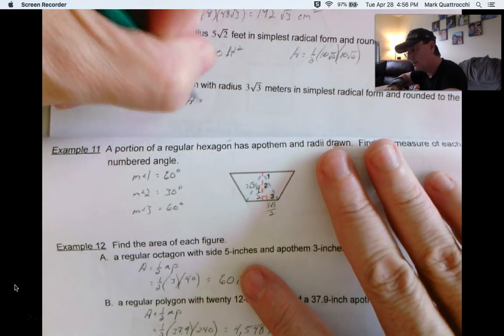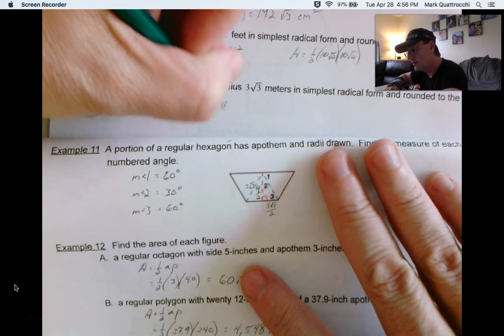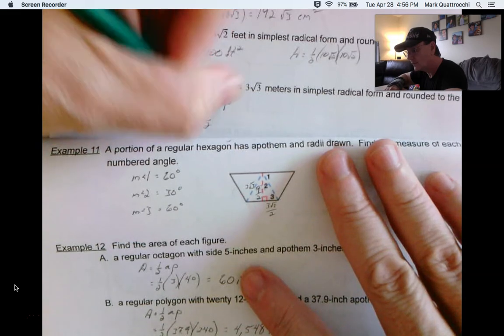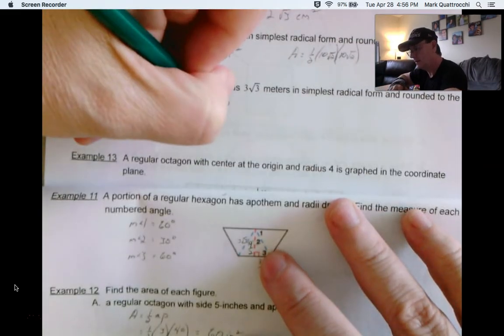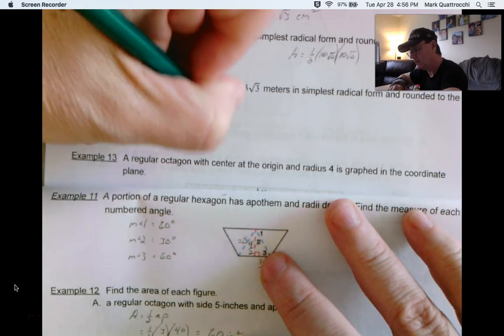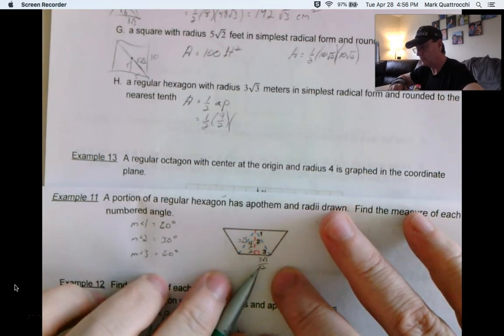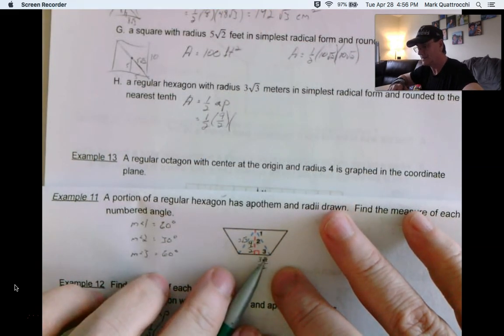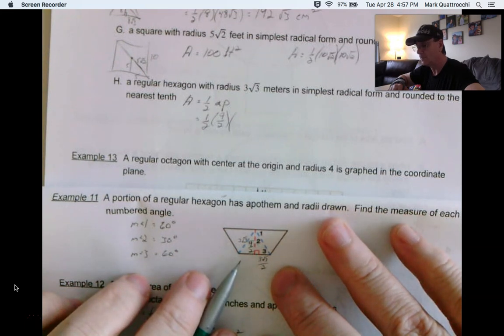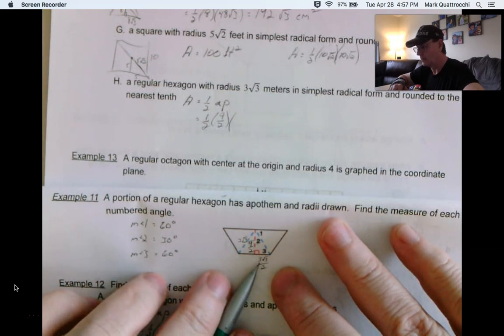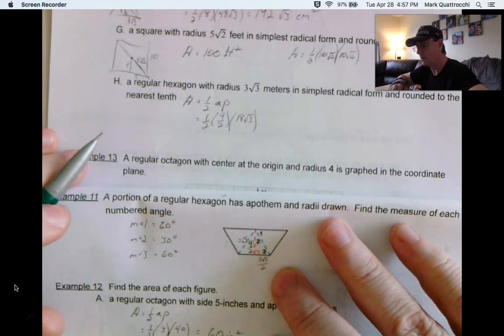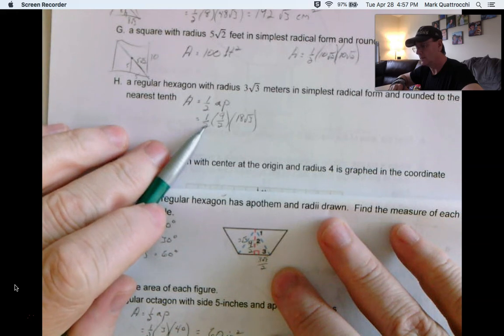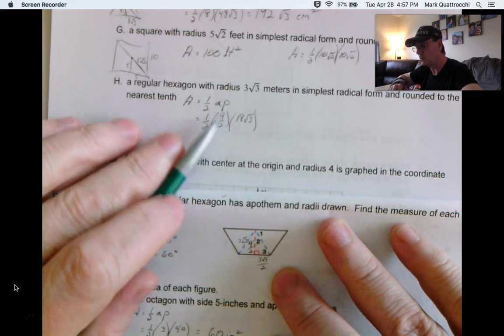Area equals 1/2 AP. We calculated the apothem is 9/2. Perimeter is going to be 3 square root 3 over 2 times 12. So 12 divided by 2 is 6. 6 times 3 is 18 square root 3. Half of 18 is 9, times 9 is 81.